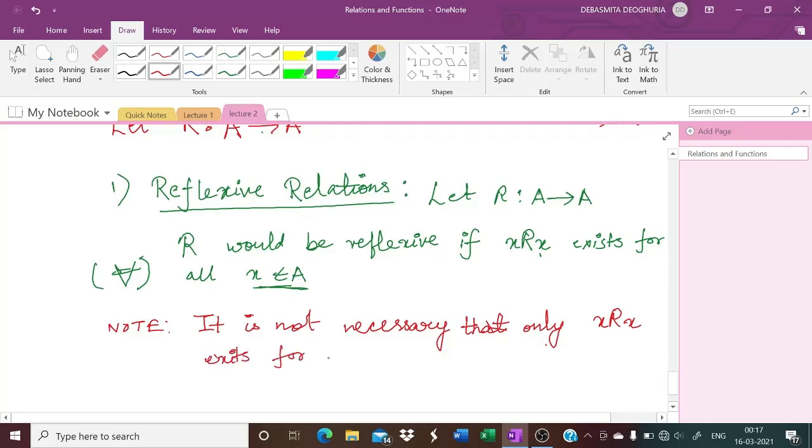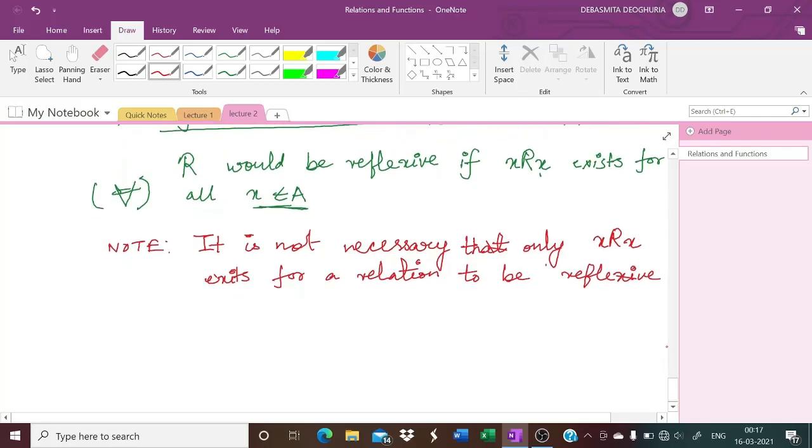Now let us understand what this means. Always try to understand by examples, because it becomes clear. See the example.